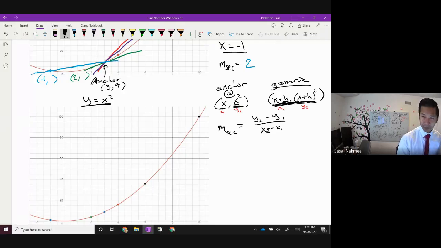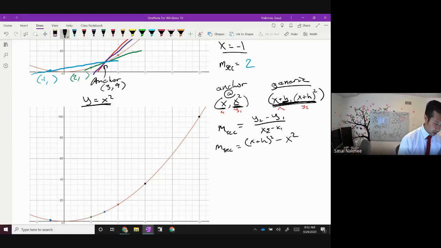Now, check this out. I can plug in those generic points now, instead of just plugging in the values of those specific points. So the y2 is right here, which is x plus h squared, minus y1, which is x squared.